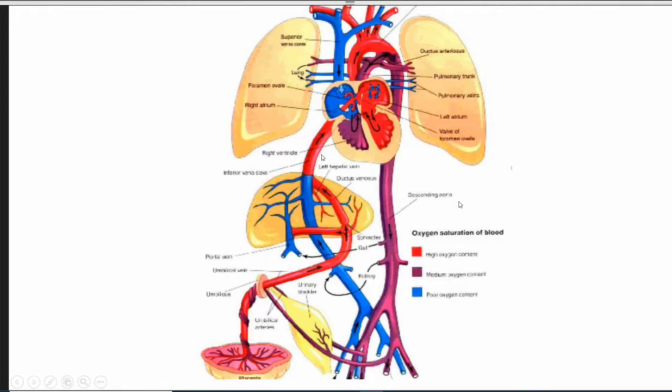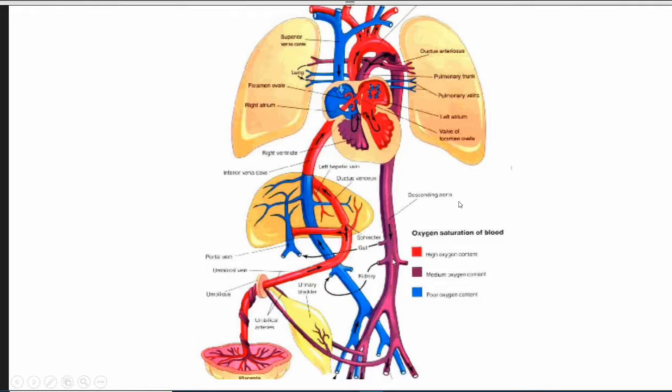So thus, this whole mechanism of three shunts gives oxygen-rich blood to the myocardium, to the head and neck of the fetus, to the adrenals, and bypasses the pulmonary circulation. And the deoxygenated blood coming from the SVC and IVC goes into the pulmonary circulation and comes into the left atrium and left ventricle.